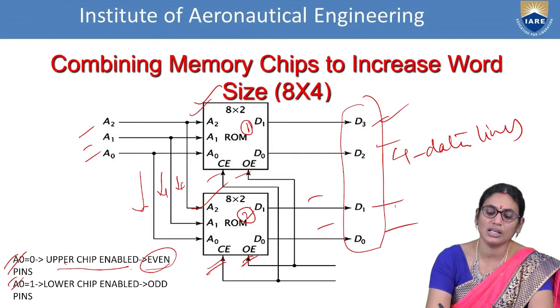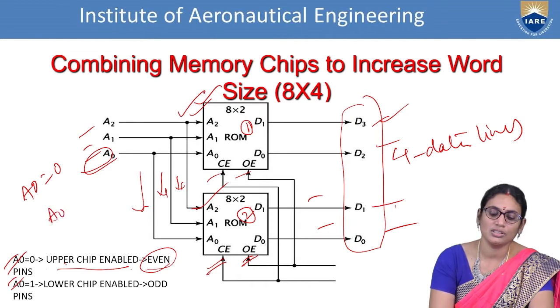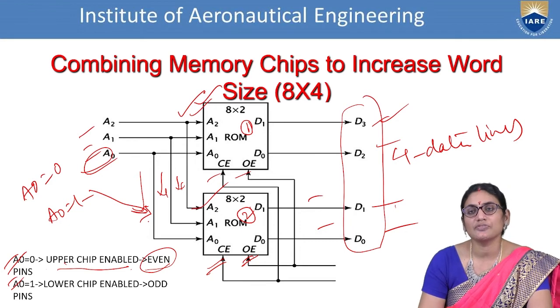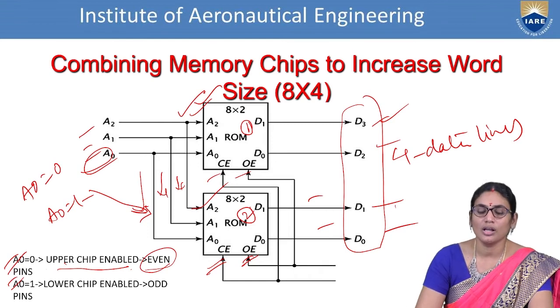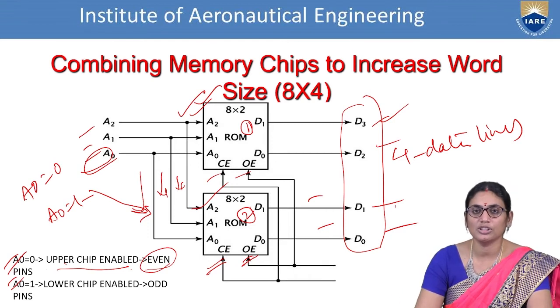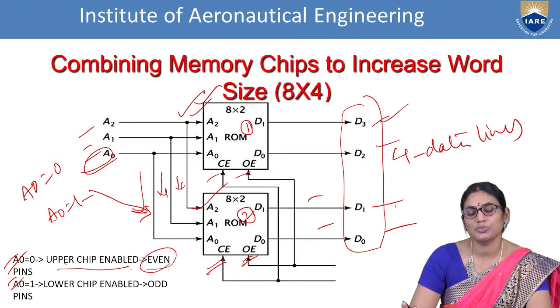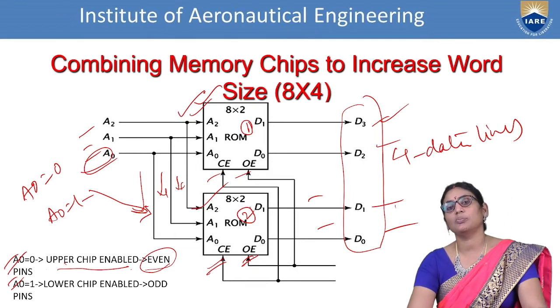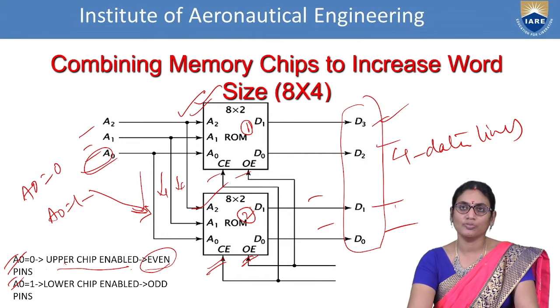So the selection is based on A0. If it is 0, the first one will be selected. If it is 1, the second one will be selected. In this way, the classification of chips is maintained in order to increase the word size. This is how to combine 2 different chips to organize the data in a better manner and increase the space for more data.